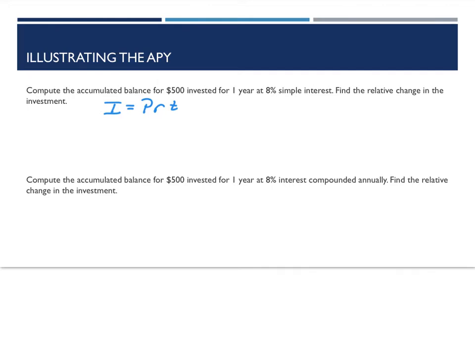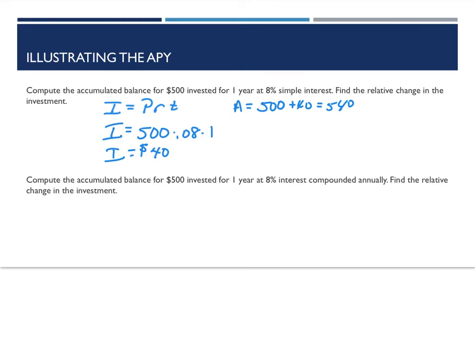So we would have $500 at 8% for 1 year. The interest would be $40, which means the accumulated balance would be the 500 plus the 40, which is $540.